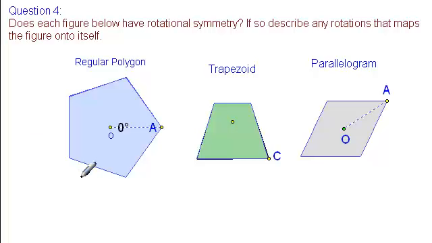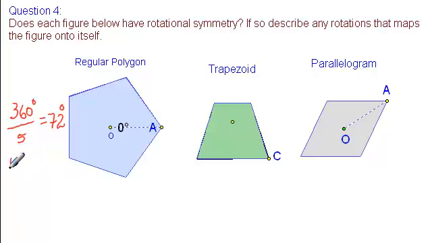For this one, if I divide 360 degrees, the least angular rotation we can find, by the number of sides, which is 5, we get 72 degrees. That will be the least rotational symmetry of the polygon which has 5 sides.